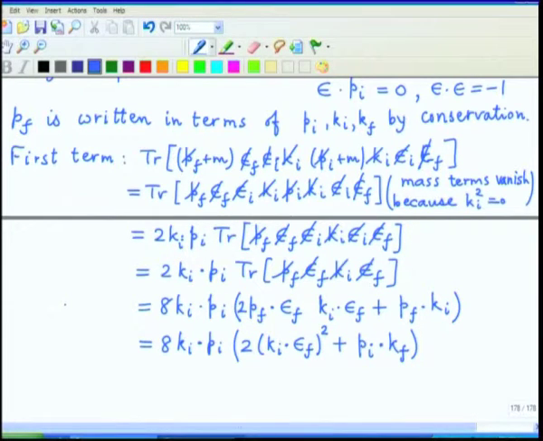Now, the last term in this product of 4 objects is related to this by crossing symmetry.